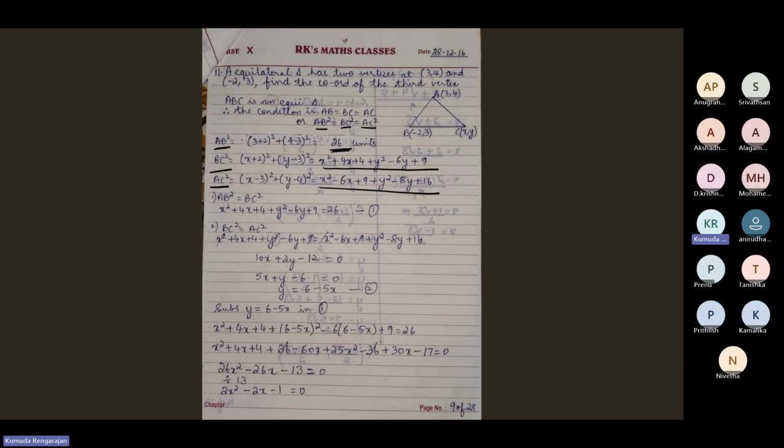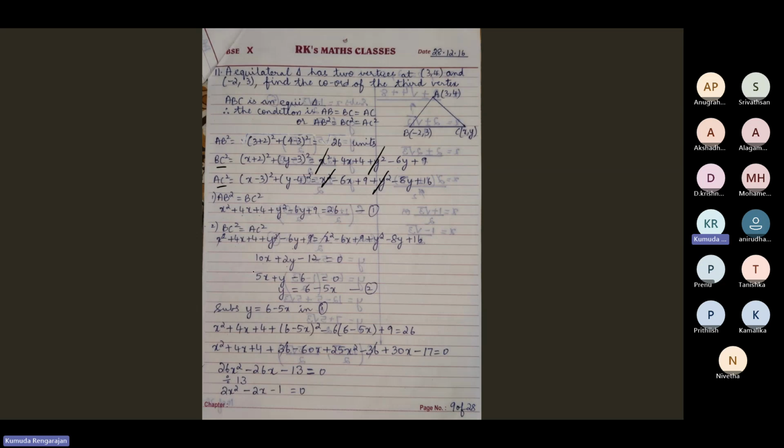Okay, now when you work BC square is equal to AC square, you know what will happen? This X square and X square will get cancelled. Y square and Y square will get cancelled.